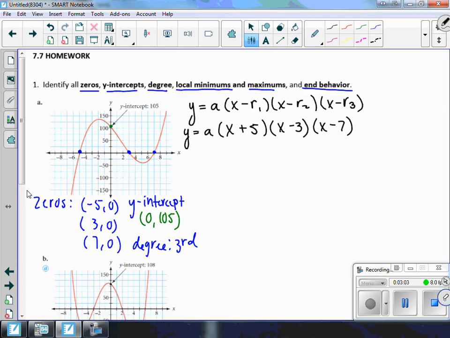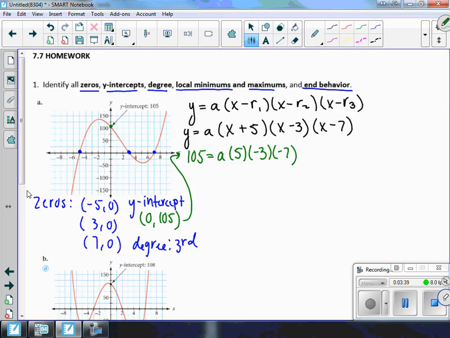We're almost done with factored form, but we need the a value. To find it, we're going to use the y-intercept, 0, 105. So I'm going to start with 105 equals, that's the y value, a times 5 times -3 times -7. This is all stuff I've taught you how to do, and if you look back in your notes for this section, you will see the process.